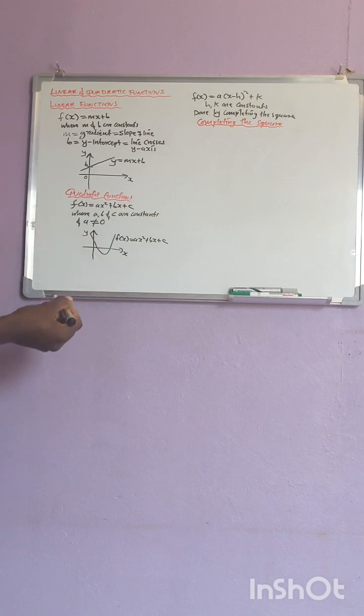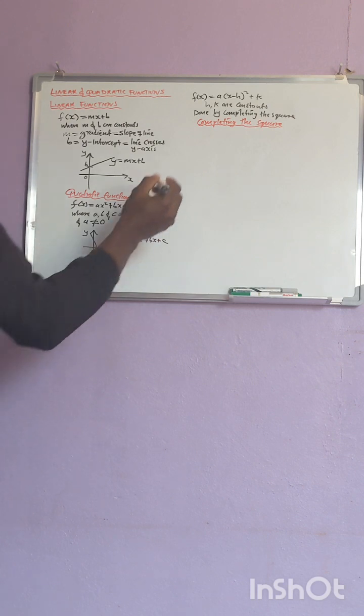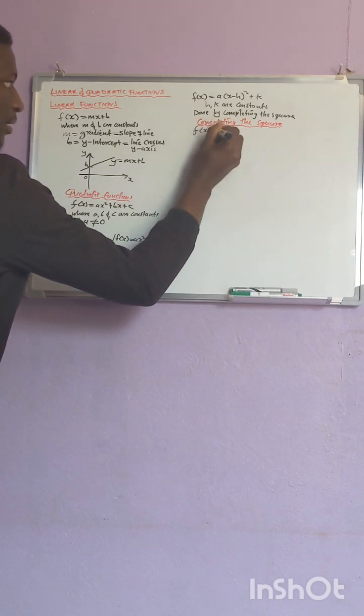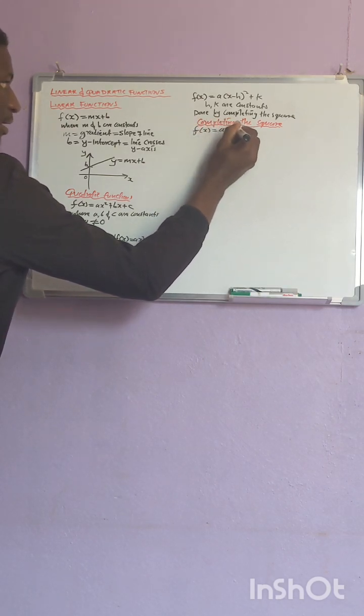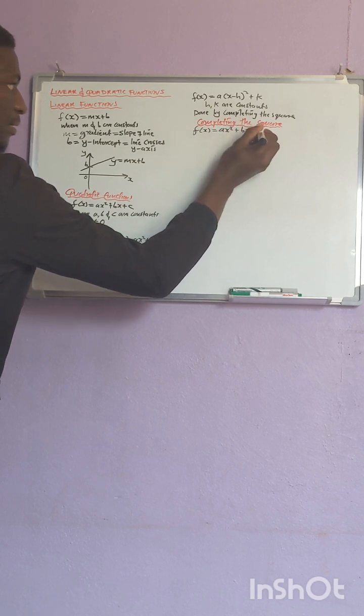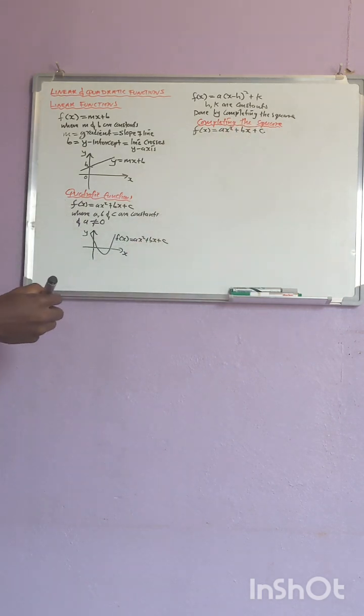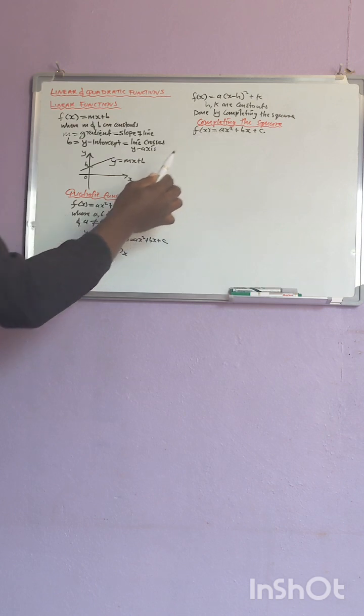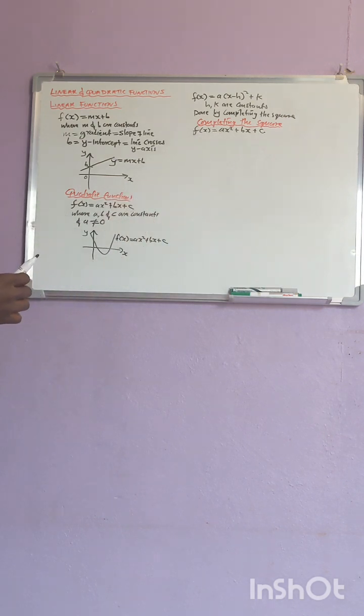We have the general form for a quadratic function, f of x equal to ax squared plus bx plus c. To complete the square, step number 1, you look at the coefficient of x squared, which is a. If a is not equal to 1, you factor out a.